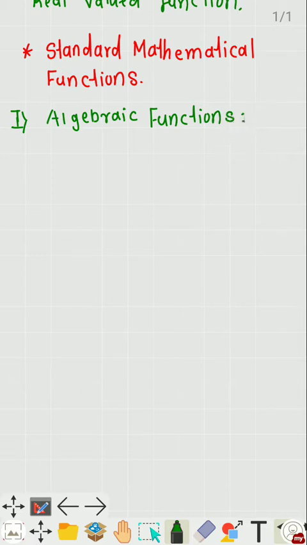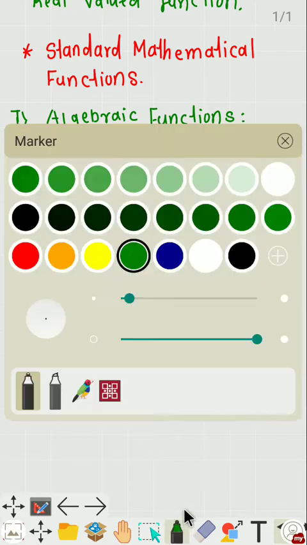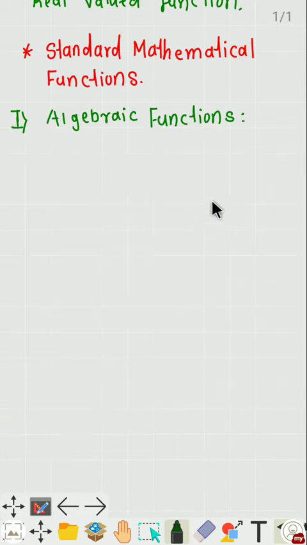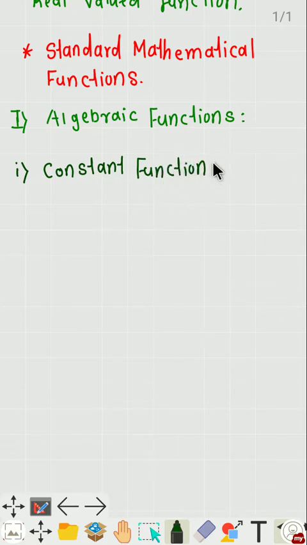This is one group of functions, and in this group there are many functions. First is the constant function, which is one of the algebraic functions.